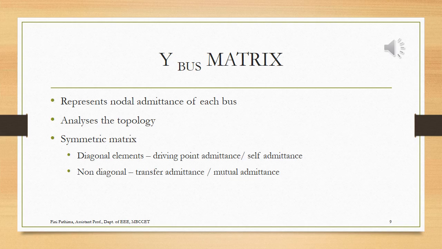And the most important, Y-bus matrix is a symmetric matrix with the diagonal elements we call driving point admittance or self-admittance of that particular bus, and the non-diagonal elements we call transfer admittance or mutual admittance. Because of these peculiarities, we are using the Y-bus matrix for our calculation for the following advantages.